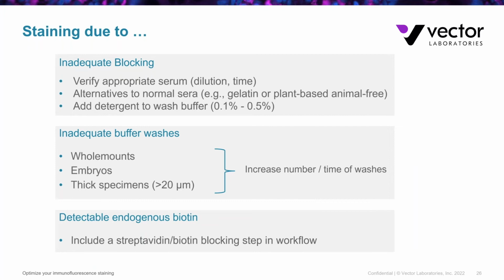Okay, inadequate blocking. We did look at that briefly earlier on. So just verify that you do have the appropriate blocking reagent down there. Sometimes investigators do juggle a number of different sera at their end.